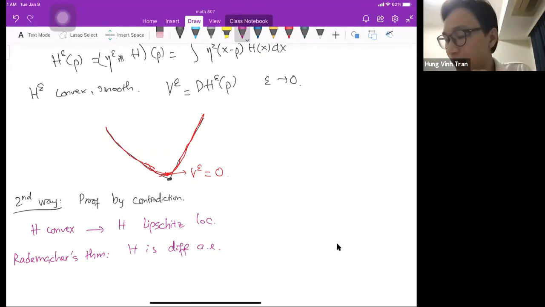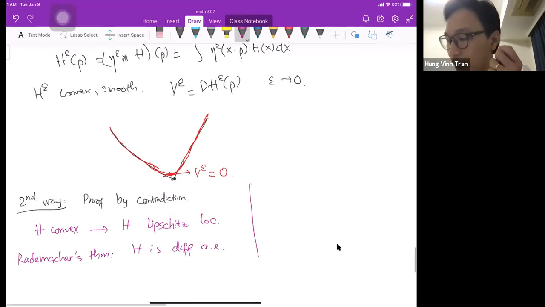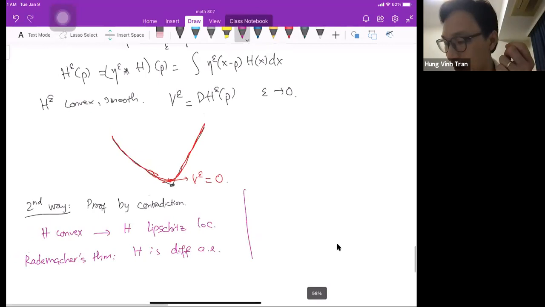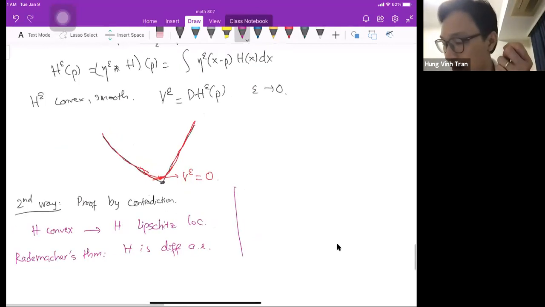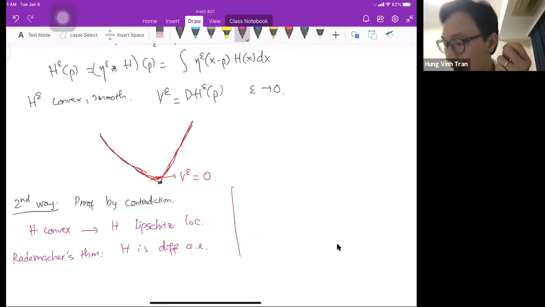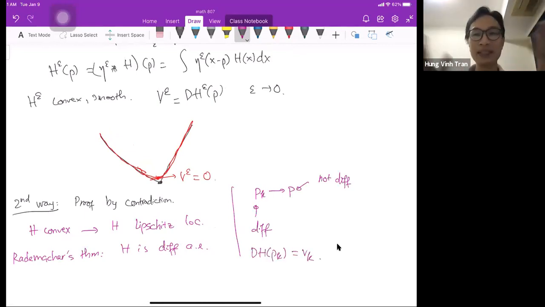Then the proof by contradiction, as I said, there are many ways to do this, but one way I was thinking about, in light of what you have been talking about, is that although h is not differentiable at P, h is differentiable at P_k. I can write out what dh of P_k is, which is v_k, and then I can use the stability results, passing to the limit or something like that.